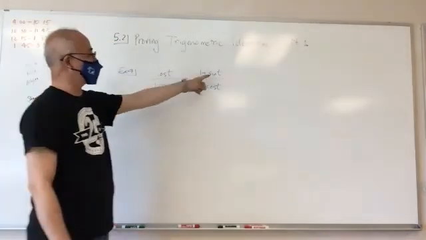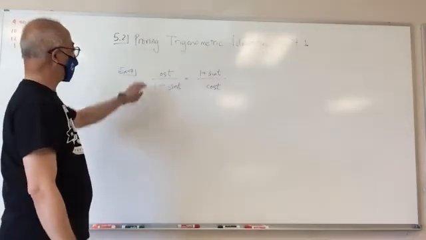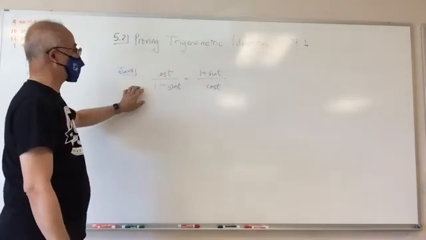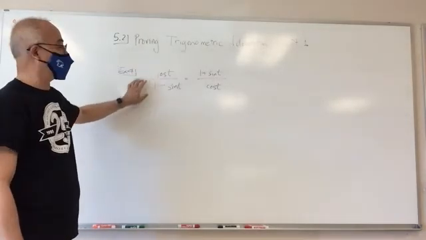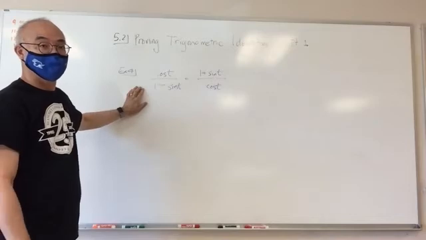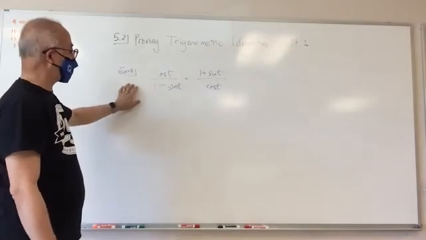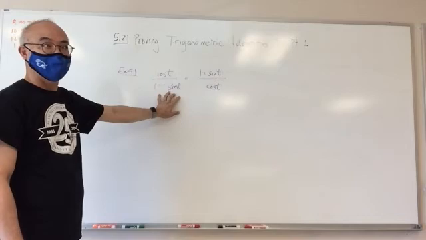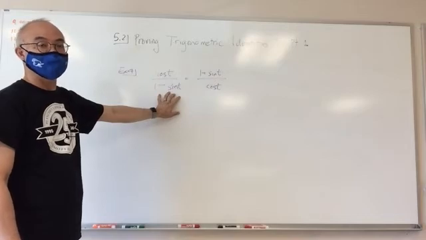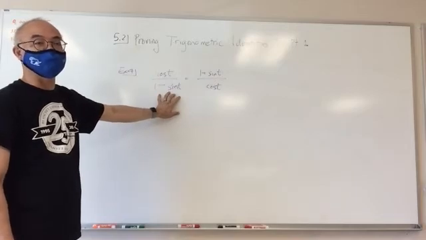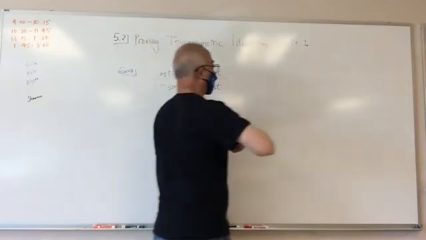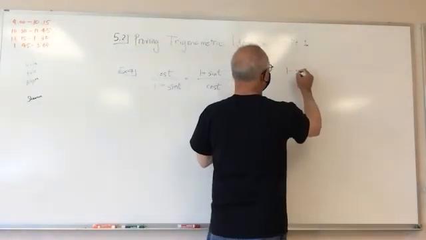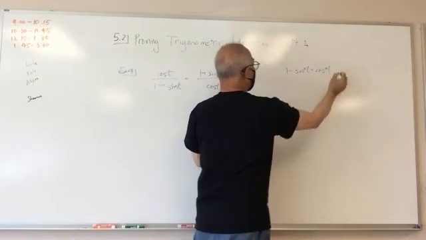But if I get this on the top, what if I multiply this guy by that guy and this guy by that guy? Because I'm multiplying on the top, I have to multiply on the bottom, right? If I get 1 plus sine t times 1 minus sine t, what do I get? I get 1 minus sine squared t, which is really cosine squared t, correct?